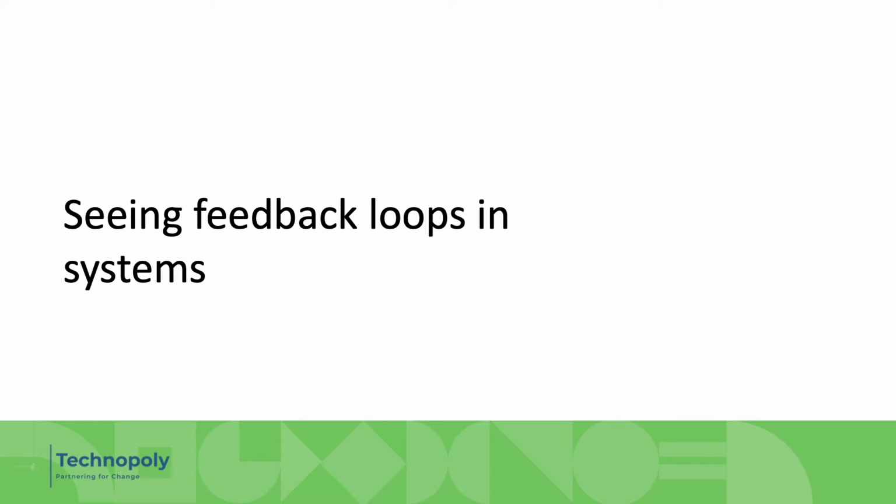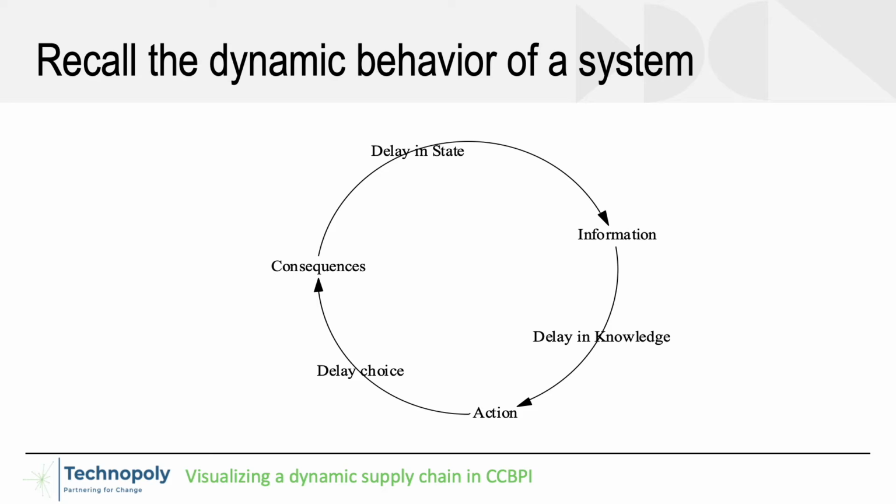When we try to understand systems, we need to train our eyes and our minds when we try to now identify feedback loops in systems. Recall the dynamic behavior of a system that we first discussed early on in the previous lesson.